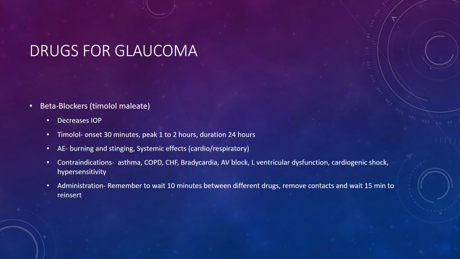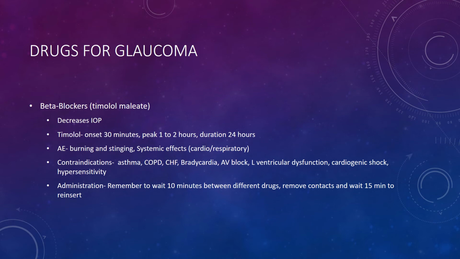Of course, beta blockers are our main meds used for glaucoma, and notice again we have the OLOL at the end, and they work by decreasing that intraocular pressure. They block the beta 1 and beta 2 adrenergic receptors to reduce intraocular pressure by reducing aqueous humor production and increasing outflow.